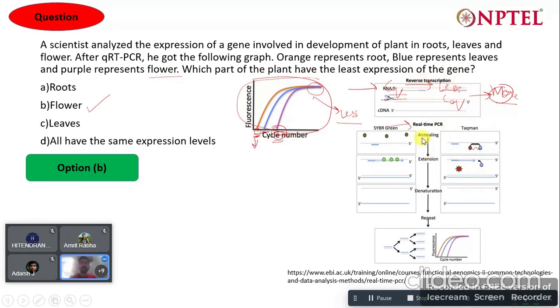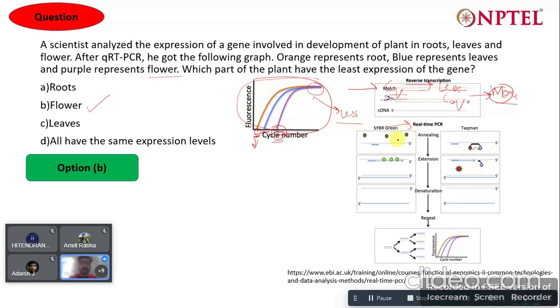Now we are doing the real-time PCR. In qRT, RT means reverse transcription, but Q means real-time PCR. So we just check whether this DNA or RNA is more in that sample or less in that sample.